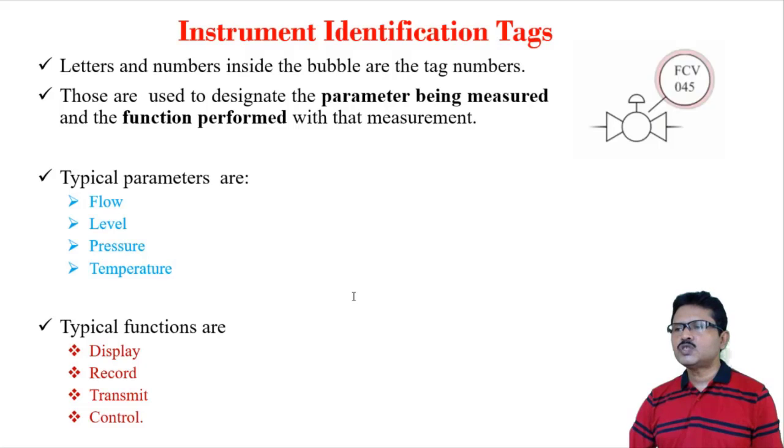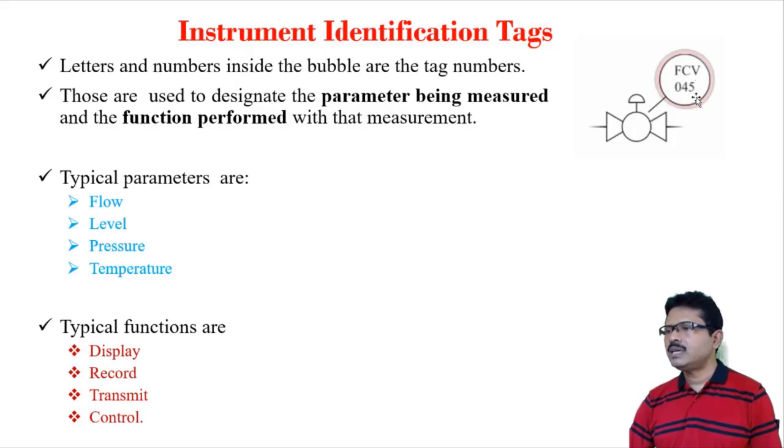Next, coming to instrument identification tags. Every instrument or every equipment has an identification tag, and the tag has letters and numbers inside the bubble. See here, as an example, it is written FCV045.